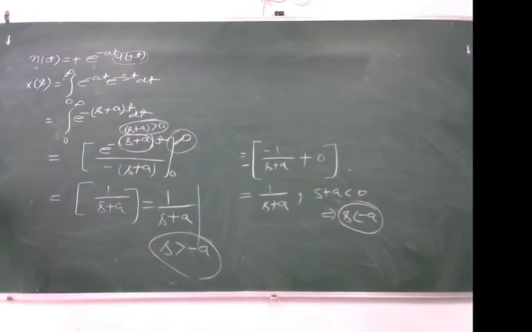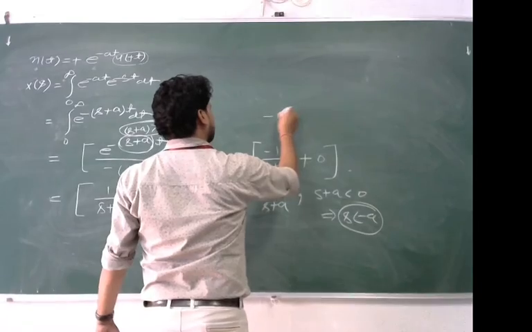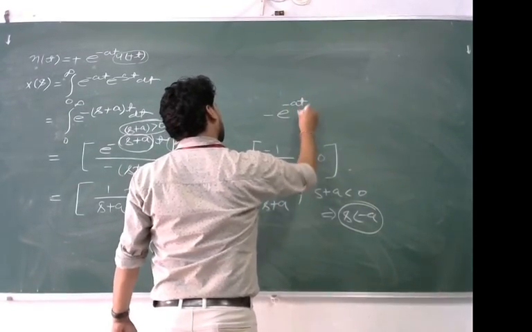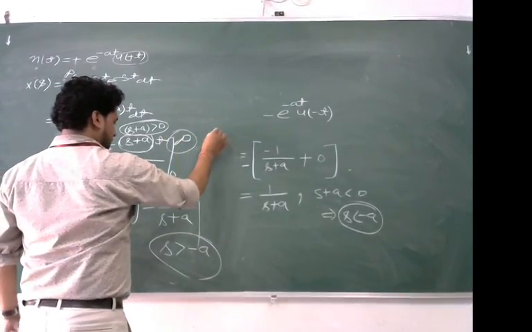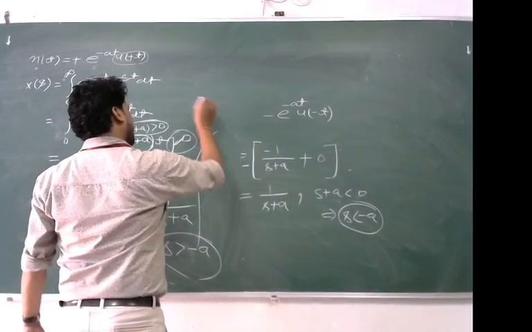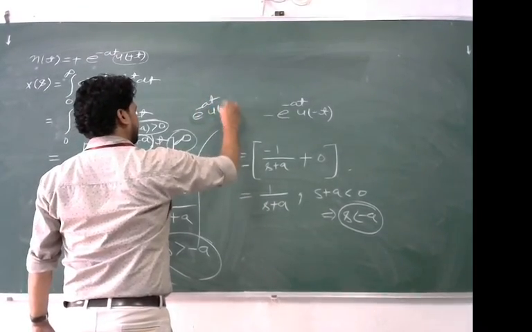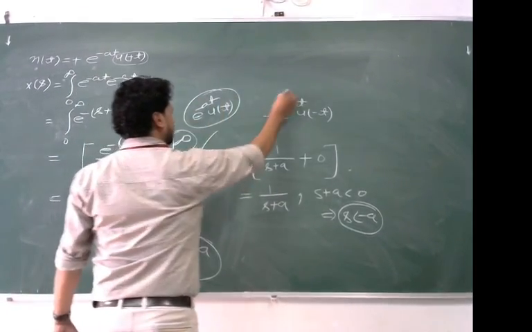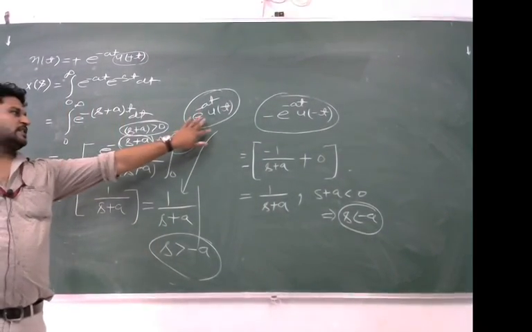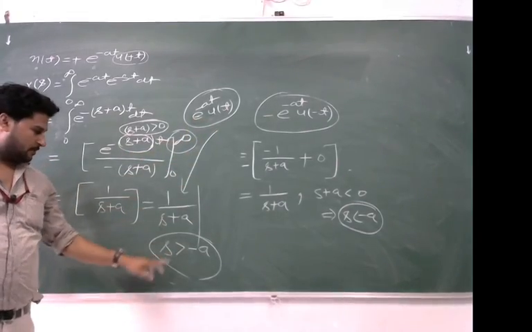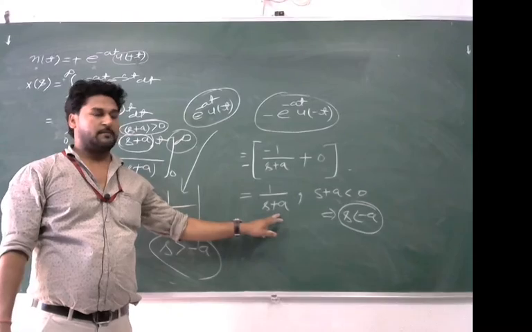If we see the Laplace transform of these two functions, one is minus e power minus at u of minus t, and the other is e power minus at u of t. For both these functions, the Laplace transform is the same: 1 upon s plus a.